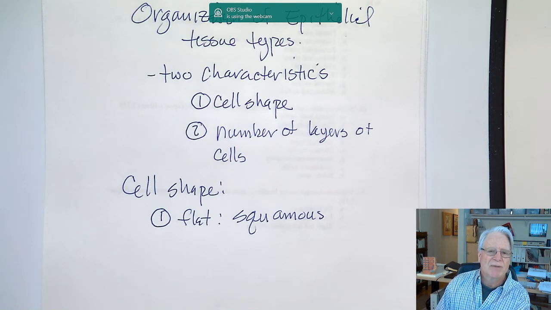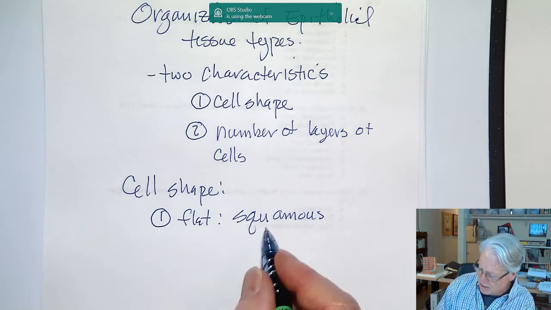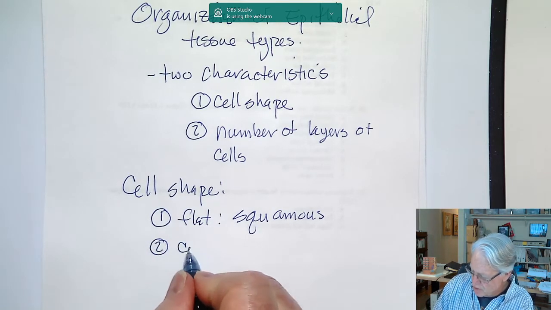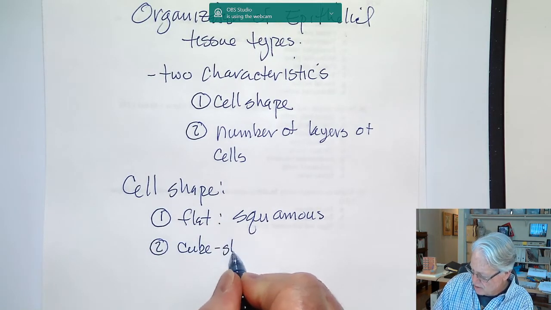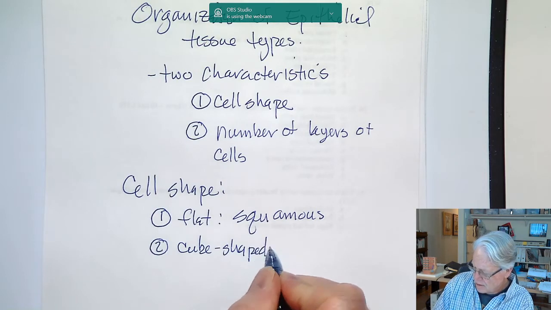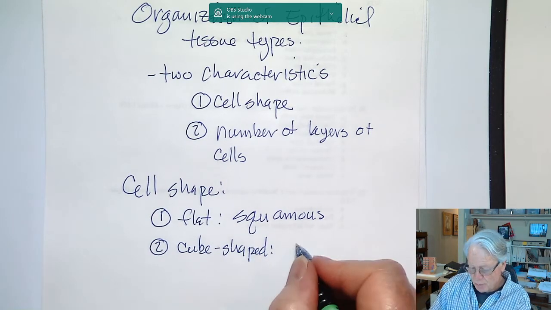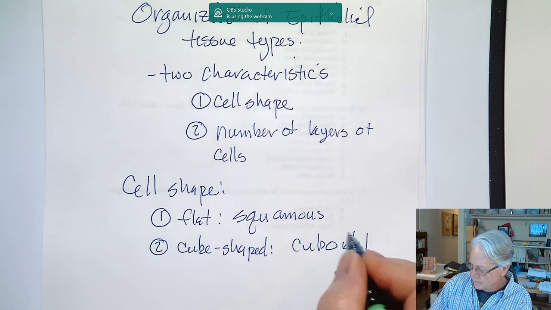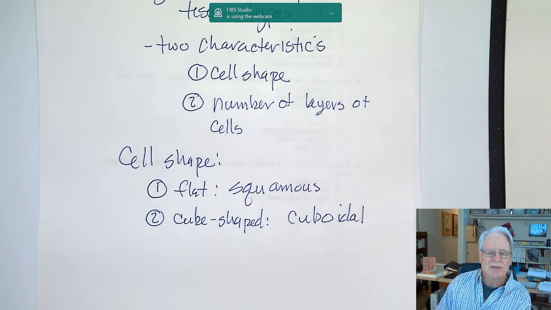We're going to describe that shape as squamous. That's the name. So number two is going to be cube shaped, and here we're going to call that cuboidal, very conveniently. Okay. I'll show you these shapes in just a bit. We're just getting it down in our notes right now.